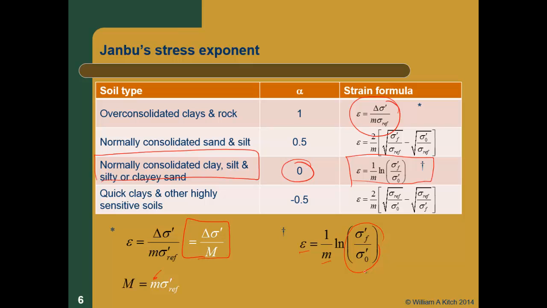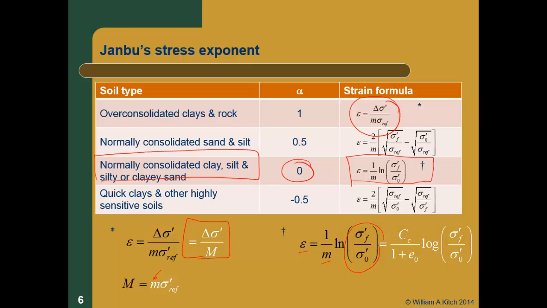And in fact, that's got to be equal to C sub C over 1 plus e naught times the log base 10 of sigma prime final over sigma prime 0, right? So this is nice, and for sure this is not an accident. I mean, sure, Janbu set this thing up to work this way.